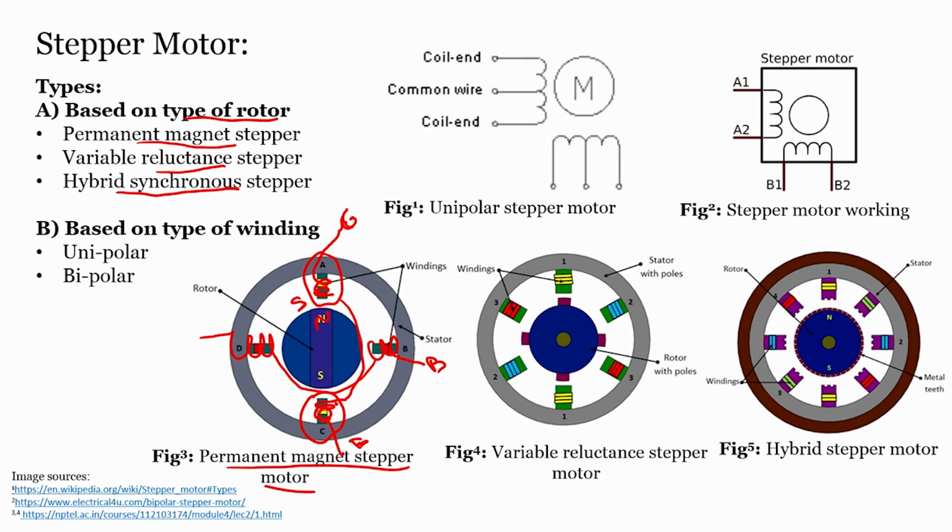Similarly, if this coil is continuous over here, there will be a north pole created here and a south pole already here, so this will also be attracted. So now the center line of the stepper motor's rotor with the magnet in it will be aligned with the poles, correct?